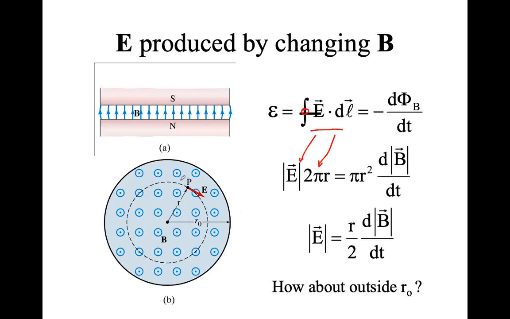Same thing here. We think these are little loops, so we're going to use 2 pi r for the integral of dl around a closed path. We're making the assumption, and it's a good one from symmetry, that the electric field is the same everywhere around that path.